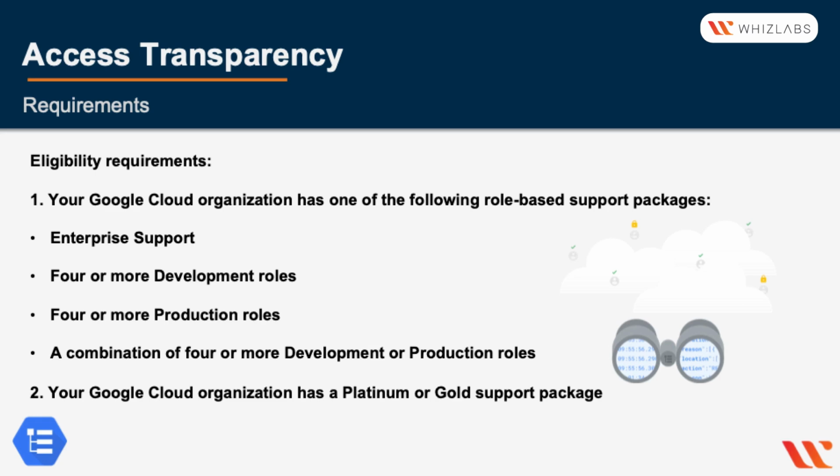If you want to enable this access transparency, you need to contact Google Cloud support. The second way is if your Google Cloud organization has a platinum or gold support package, then you're also eligible to enable this feature.